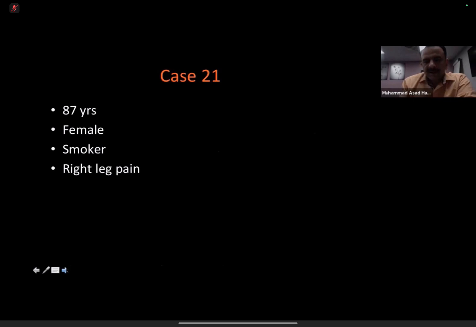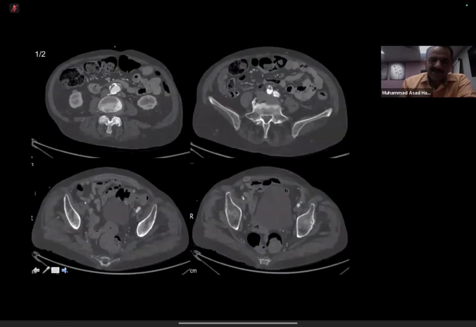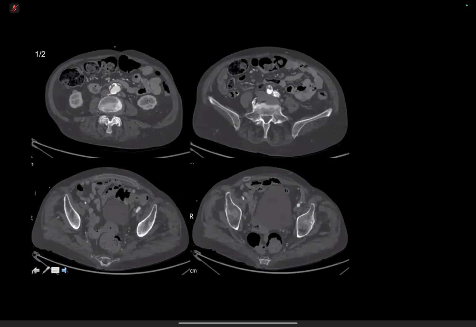Now, next patient, an 87-year-old female. She has presented with leg pain and selected CT images are there. I'll show you two slides. This is the first slide. So this is an aorto-iliac angiogram.